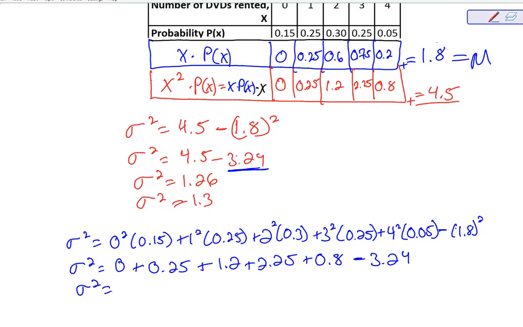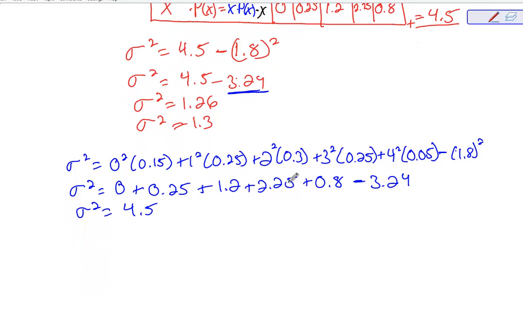So whenever I do all that addition, I get 4.5. Then I need to subtract out the 3.24. So my variance is still 1.26, but whenever I round that properly, I get 1.3. Again, it's the exact same number done two different ways, does not matter.